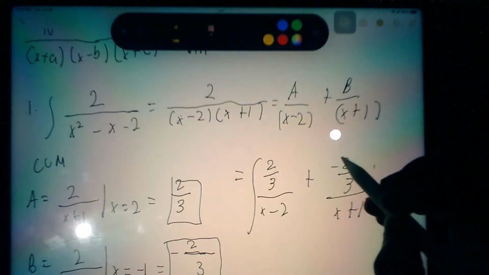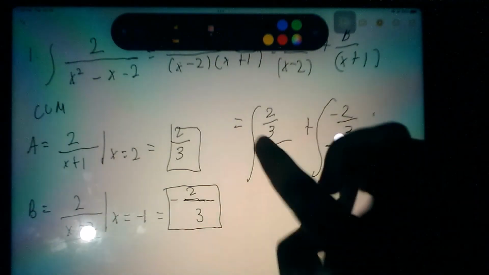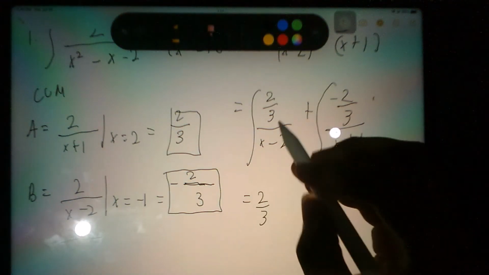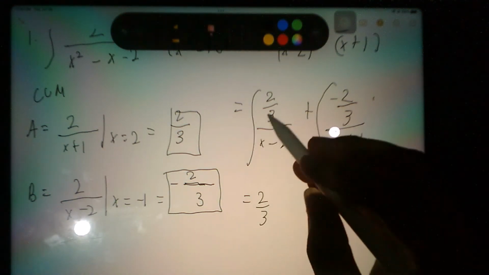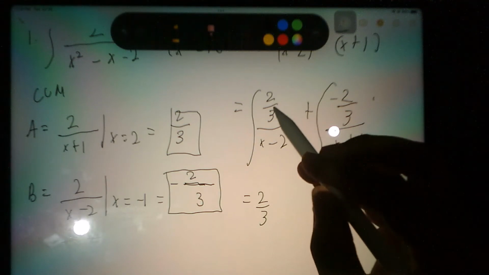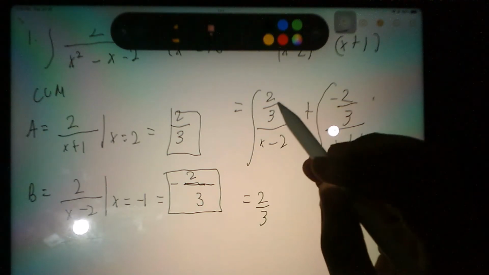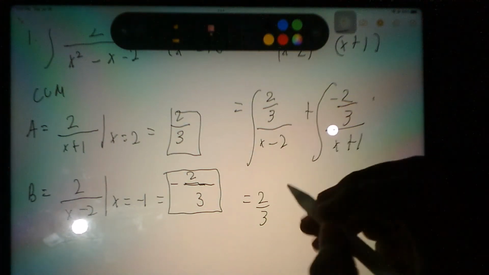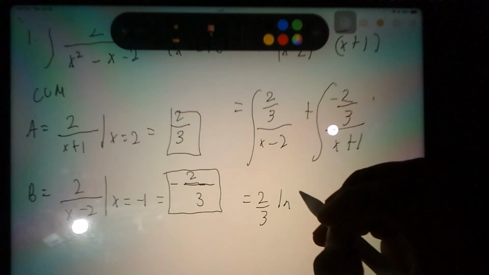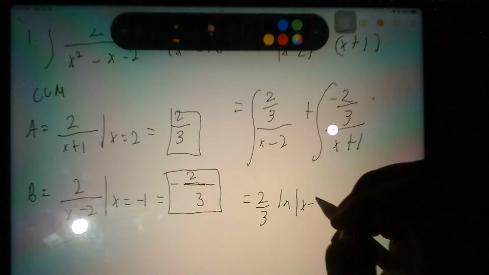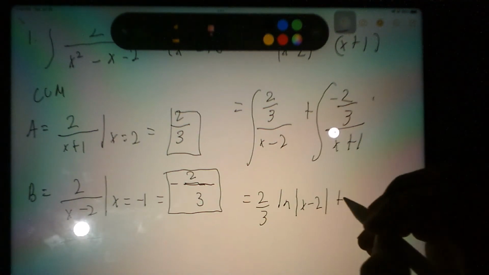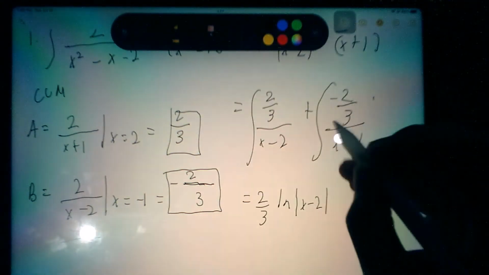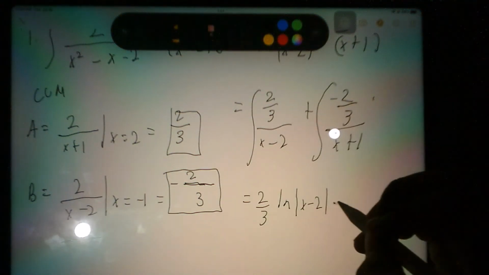By integrating this, I take 2/3 outside because it's a constant. What is left is 1 over x minus 2. The integral of 1 over x minus 2 is just ln of x minus 2, plus, let's say minus, because the sign of our constant here is negative, so negative 2/3.